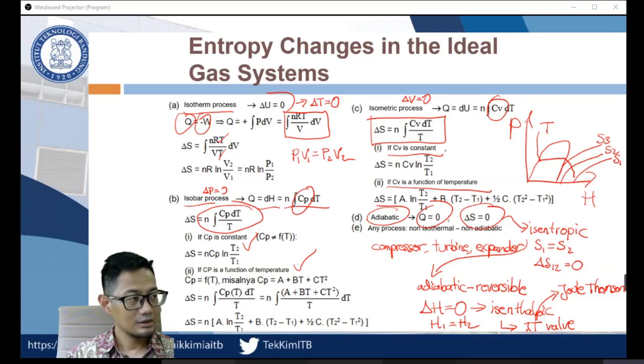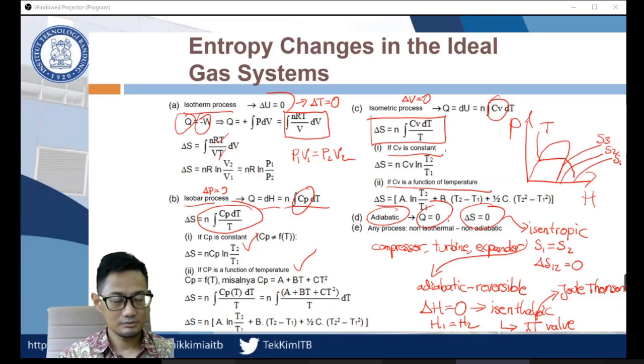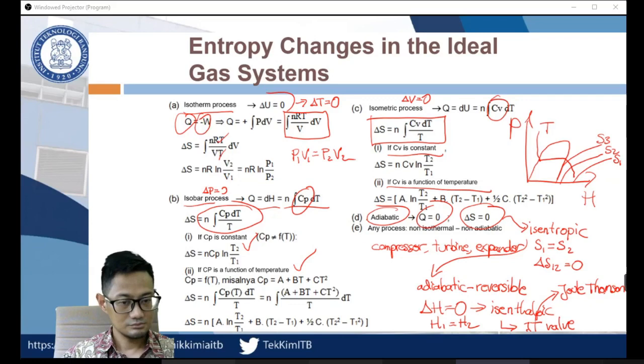Okay. So right now we learned about the entropy in the textbook. It is in chapter 5, second law, and then later we will go back to chapter 3. It is about the ideal gas and real gas calculations.